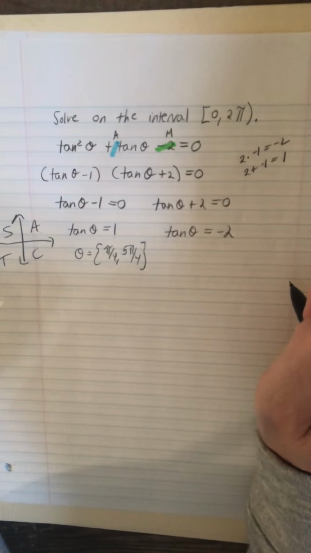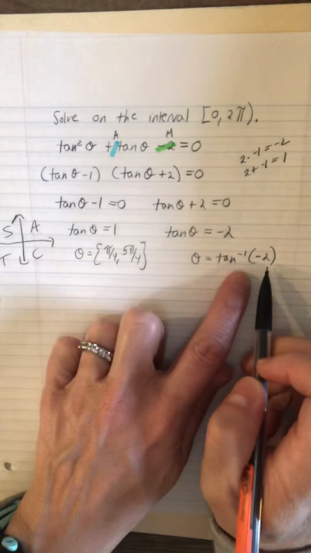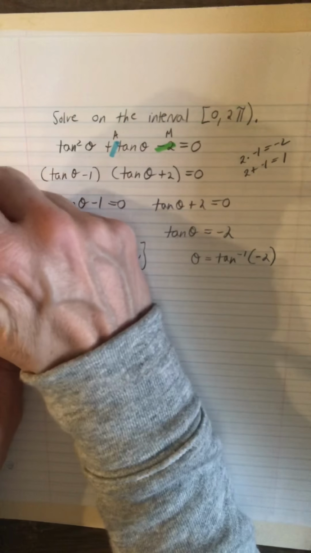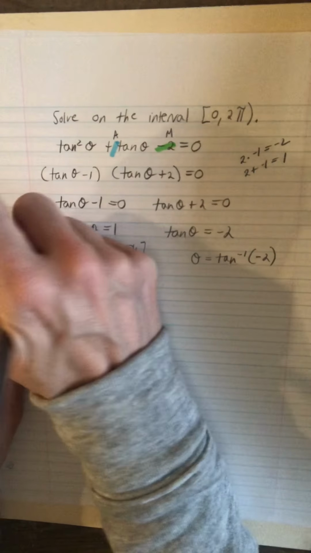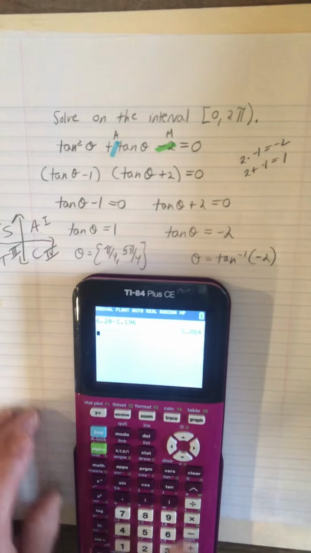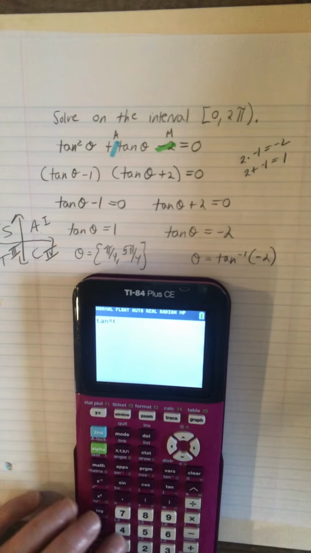To find theta here, theta is equivalent to the inverse tan of negative 2. Now, when is tangent negative? I need to find a measurement in quadrant 2 and in quadrant 4. So let's take a look at that. I go to my calculator and do second tan of negative 2.